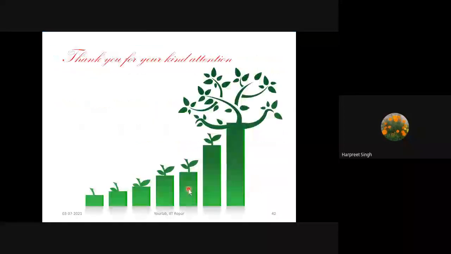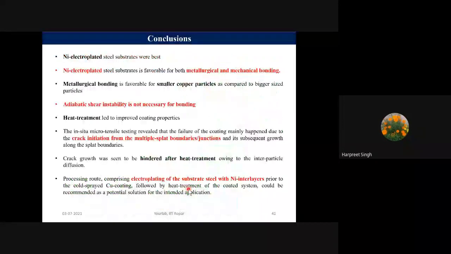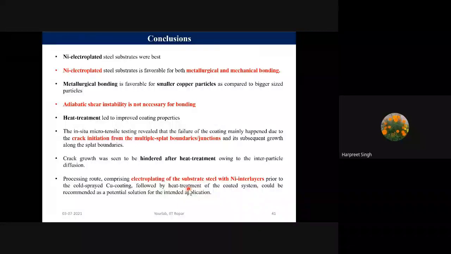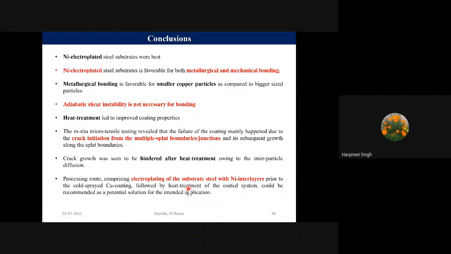Now, if you have to ask me which way we can go ahead, even among these surface roughness and electroplating options, because somebody asked me this question sometime, that you have suggested two ways to go ahead. So I said, it depends upon the facilities available with you at that point of time.